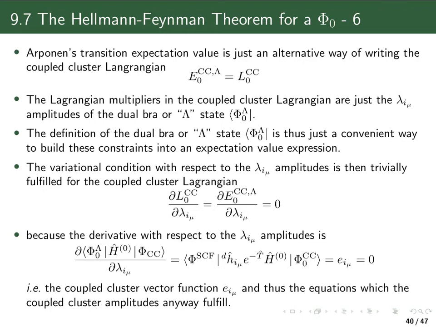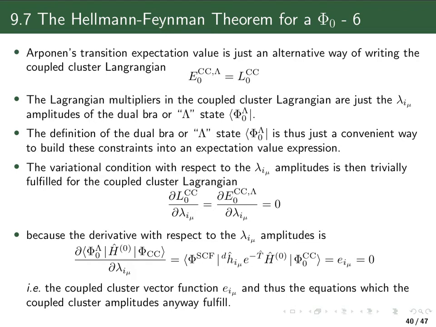Now, one has an additional set of parameters, these lambda amplitudes, and therefore our Lagrangian has to be now stationary with respect to the original amplitudes in our wave function and to these new amplitudes.